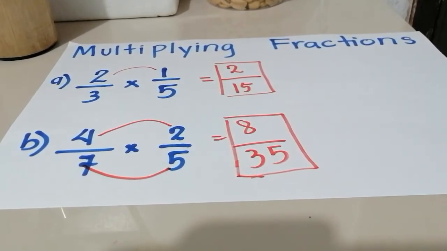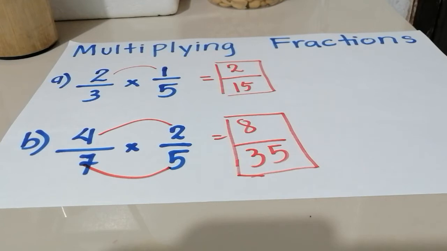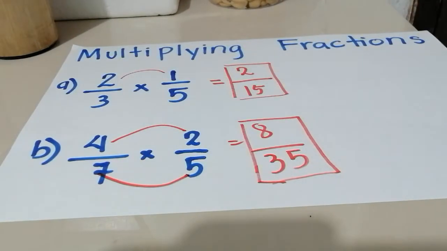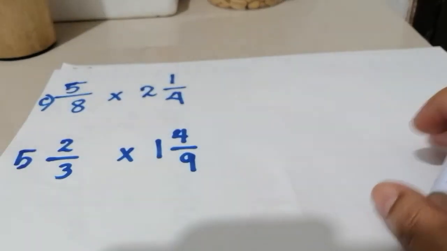Now, the thing is, what if kung ang fraction natin ay mixed fraction or mixed numbers? Kasi ito is just simple fraction, walang whole number. Now, what if pag may whole number siya? Just like this example.